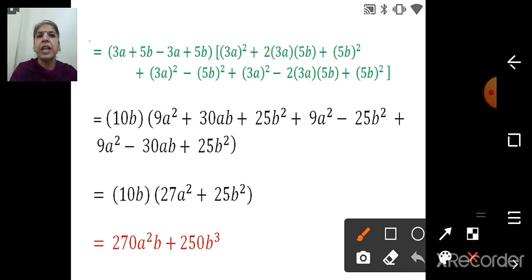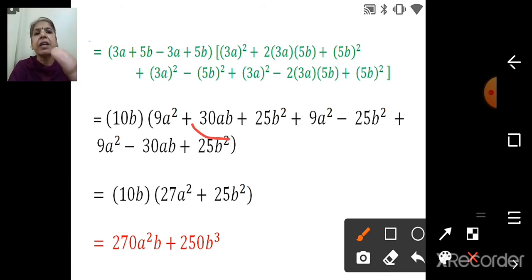Now still we have to do the calculation. First bracket we got 10b. Now we will simplify the second bracket. Now here it is 9a square plus 9a square plus 9a square. So all the like terms we are going to add. 9 plus 9, 18 plus 9, 27. So it is 27a square. Next is 30ab plus 30ab.